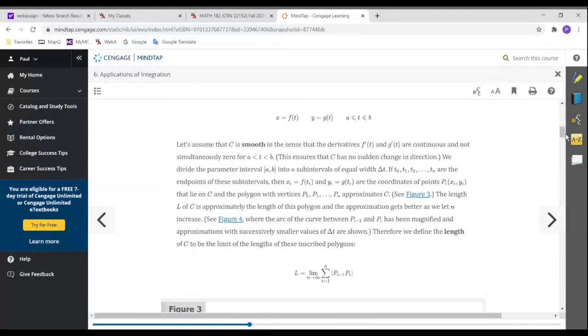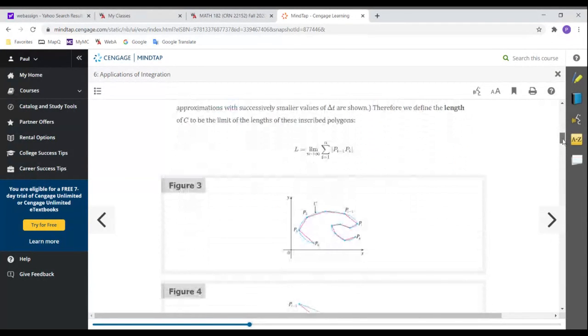So the idea here is, if we have some arc given here in figure 3, we could approximate the length of that arc by inscribing some line segments. They basically take the arc, break it up into pieces, and draw a line segment on each piece.